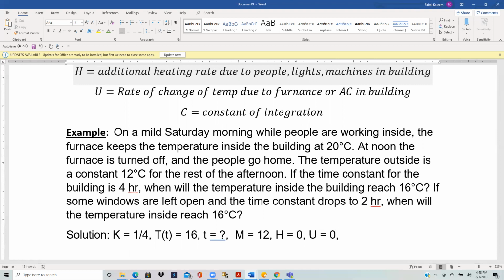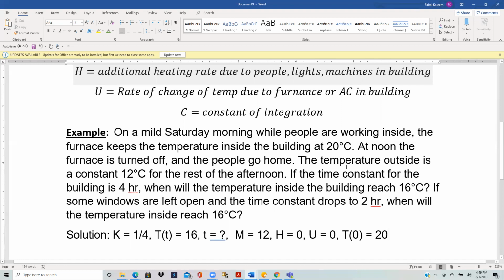So U is 0 as well. And at time 0, the temperature will be 20, remember, the big T is the temperature inside the room. In this case, time 0 is noon, because the question is about what happens after the furnace turns off at noon.